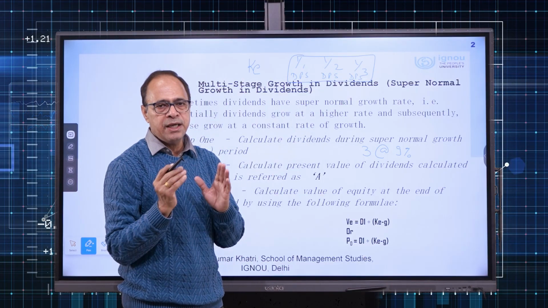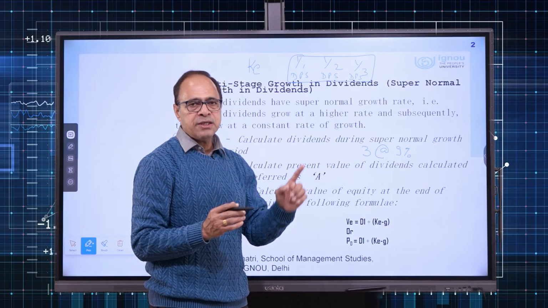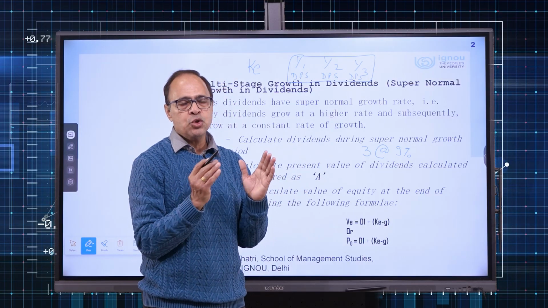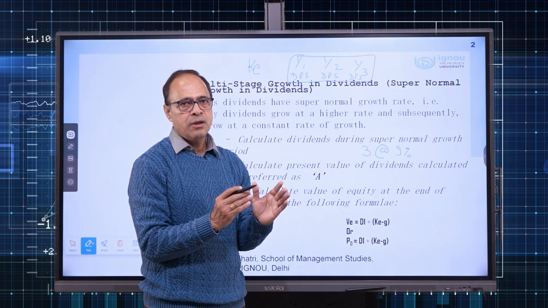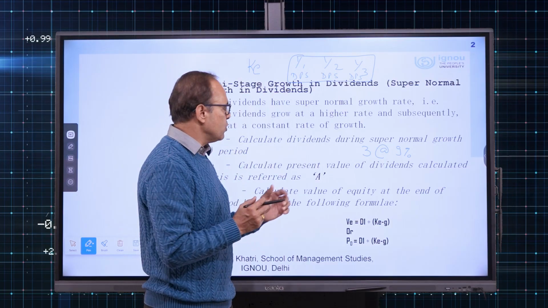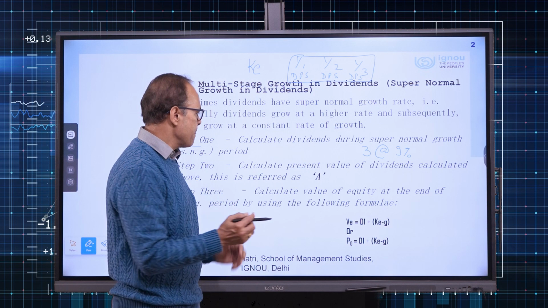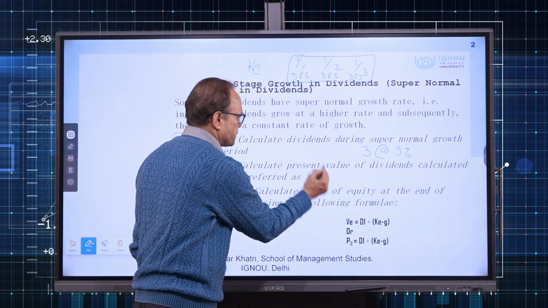So, that will be part A of the answer. So, remind you, calculate dividend per share in rupees during the supernormal growth period, first year, second year, third year, fourth year, whatever period it may be there. Then calculate present value of all those dividends using KE or RE, that is part A of the answer.